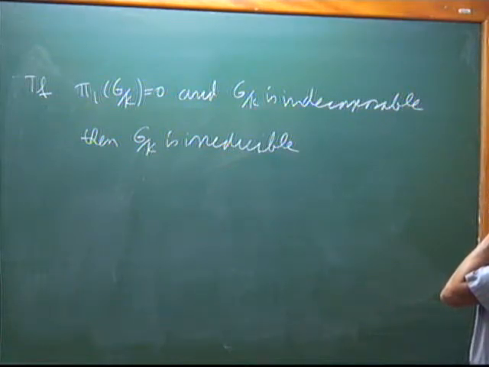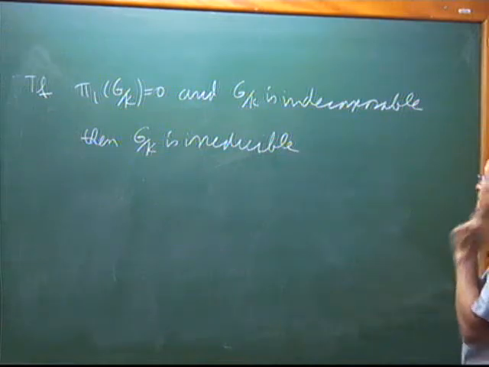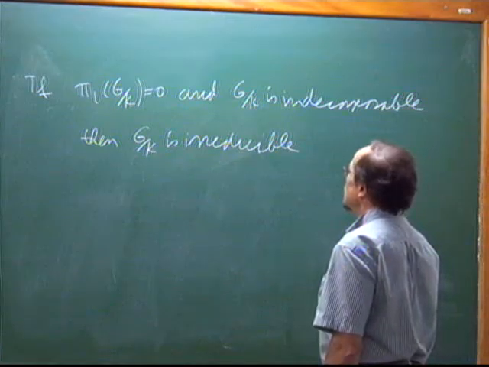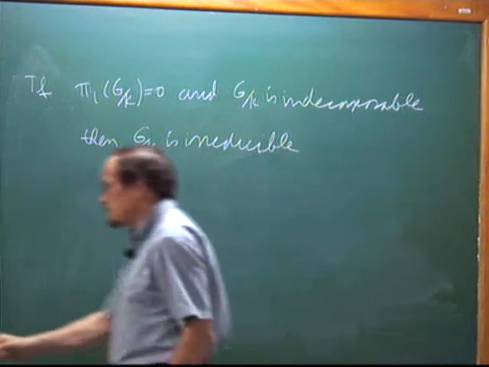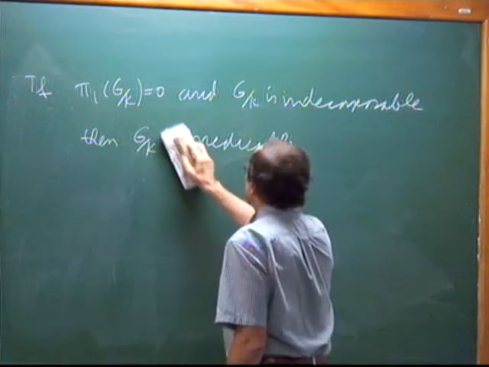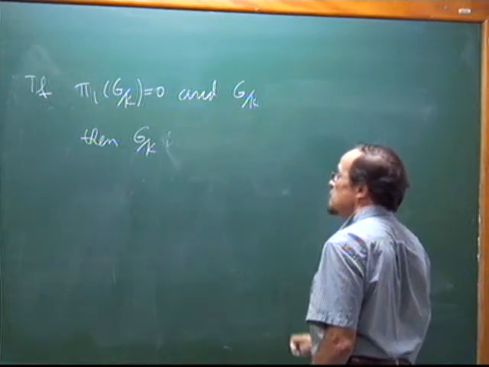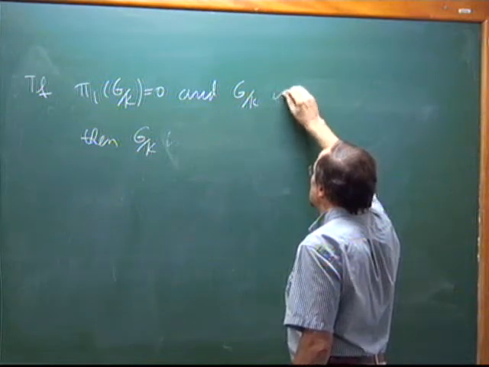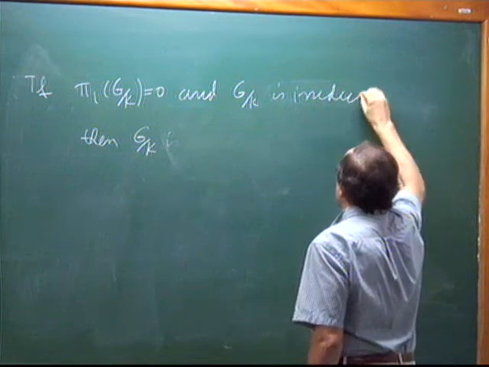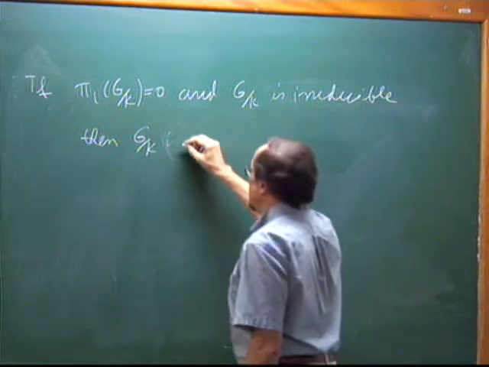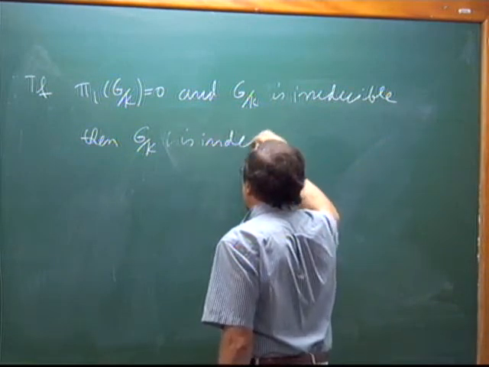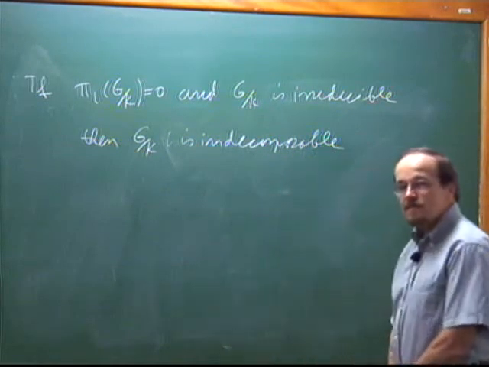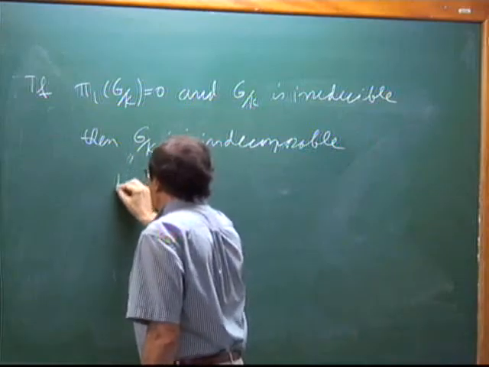Other way around. If it's irreducible, then it's indecomposable. So let me switch that. You see, the other way around does not hold in this triviality. If G naught is irreducible, then G mod K is indecomposable as a Riemannian manifold. Right, so let's call this M again.